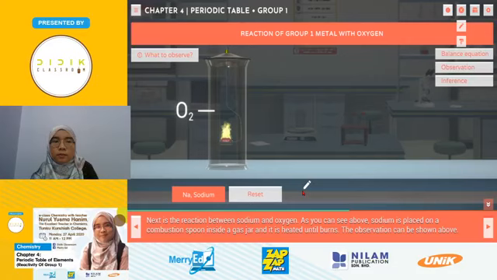Sodium is a reactive metal towards oxygen and produces sodium oxide. The product of the reaction is sodium oxide. And this is the reaction with oxygen.